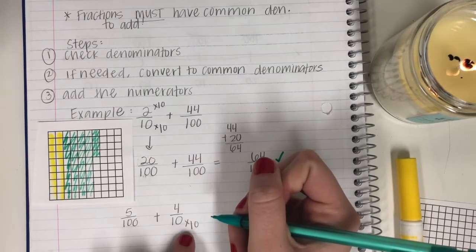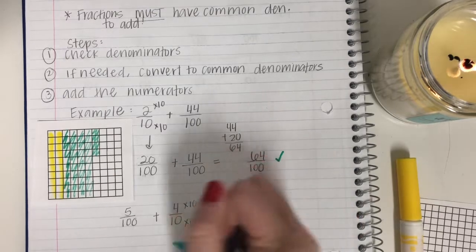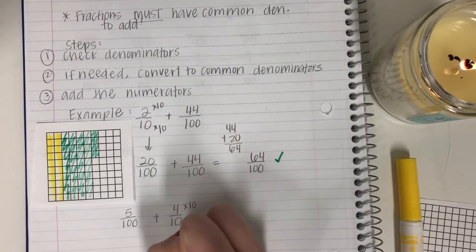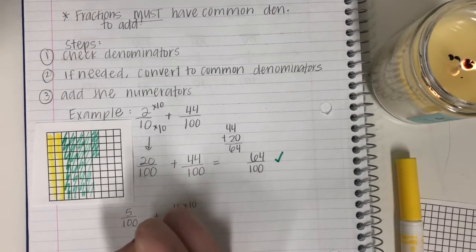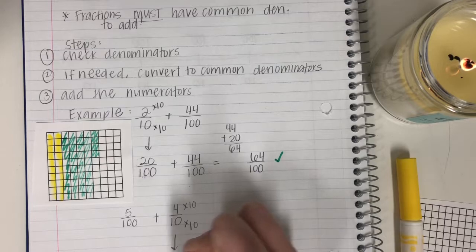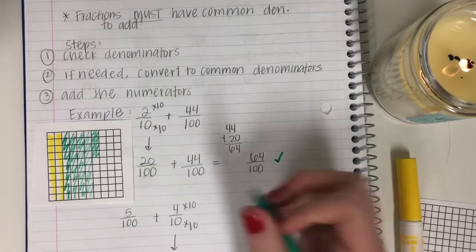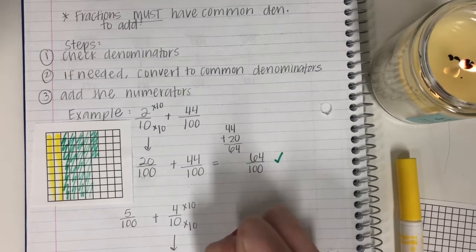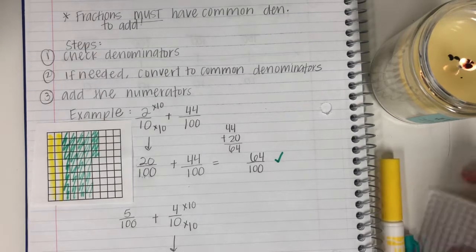Whatever I do to the denominator, I do to the numerator. So I do times 10 here, and that gives me 40 over 100 plus 5 over 100. I then add my numerators, 40 plus 5. I can do that one in my head. So 45 over 100.